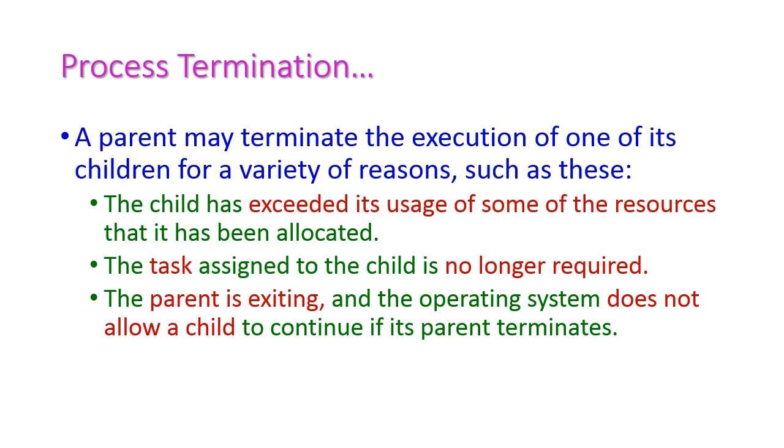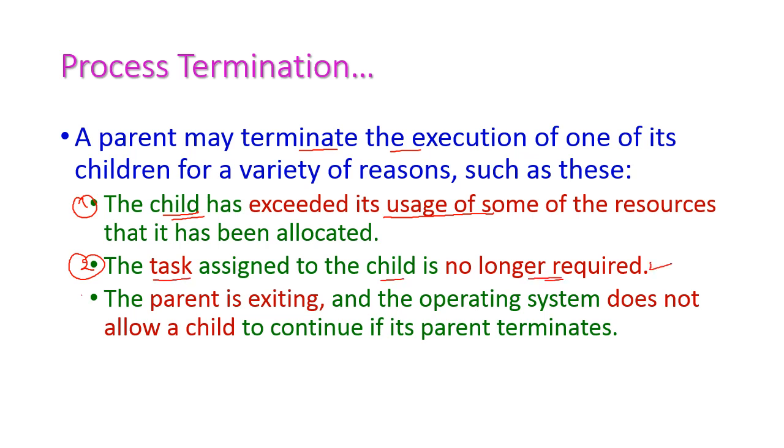The parent may terminate the execution of a child process for three reasons. First, if the child exceeds its usage of resources, the child process can be terminated. Second, the task assigned to the child is no longer required.